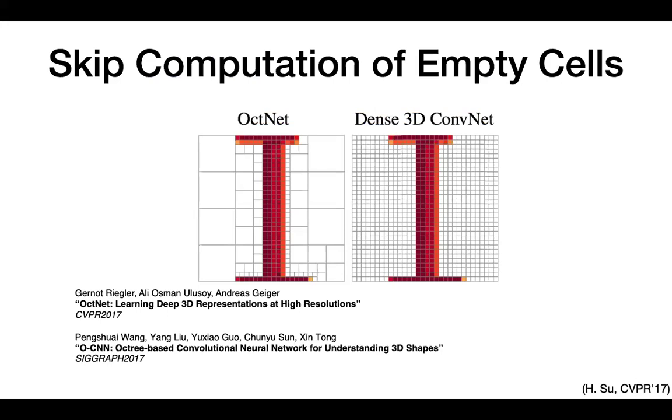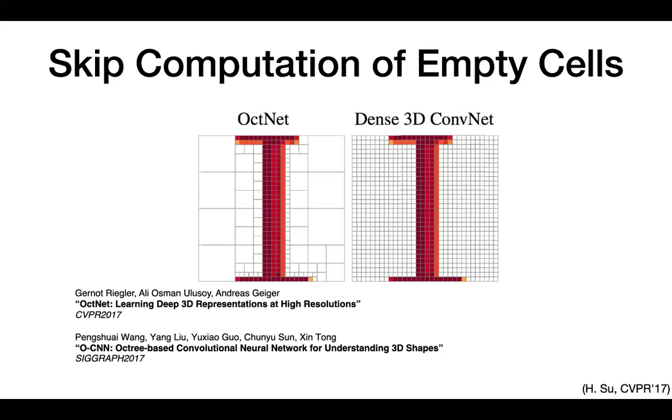Here, we already see visually what the solution is. Notice that in the parts where we have occupancy, we have small cells, right? And in the dense 3D convolution network, all the cells are small, because it's regular, we didn't do anything. But here we have big cells for empty parts and small cells for the occupied parts.